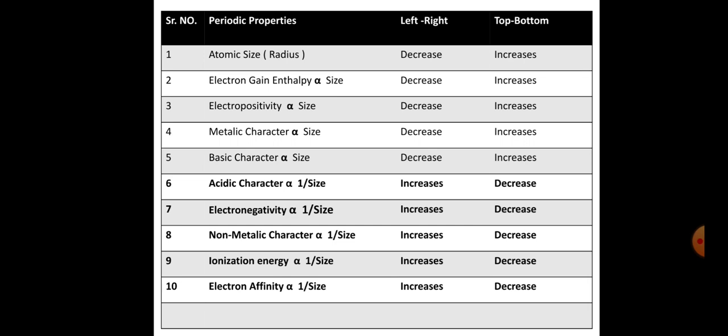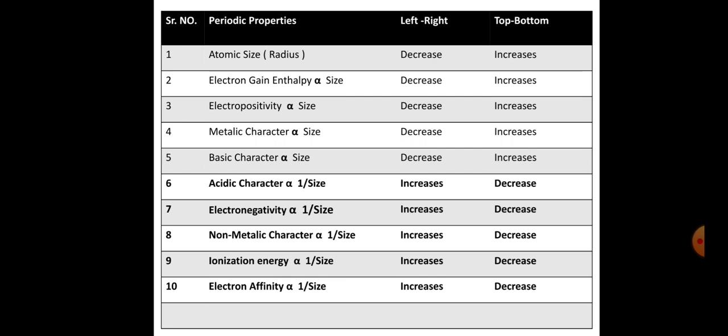Electron gain enthalpy is the capacity or tendency of an element to receive an electron. If the size is smaller, the orbitals are very close to the nucleus and can easily take an electron, so not much energy is required to add an electron to that element. But if the size is bigger, the orbitals are far away from the nucleus and don't feel much attraction, hence the tendency to lose the electron is more.